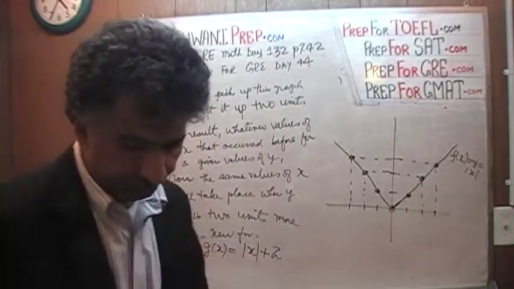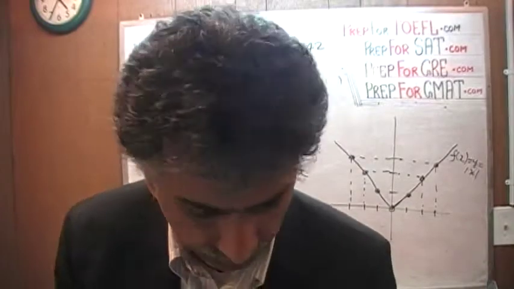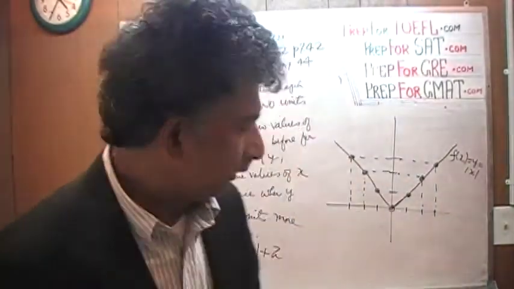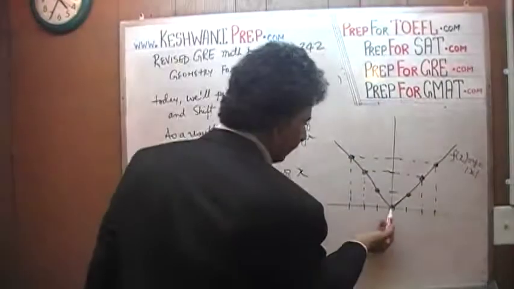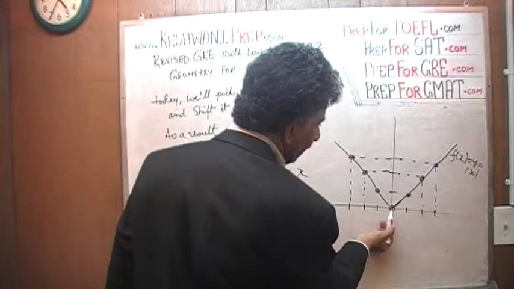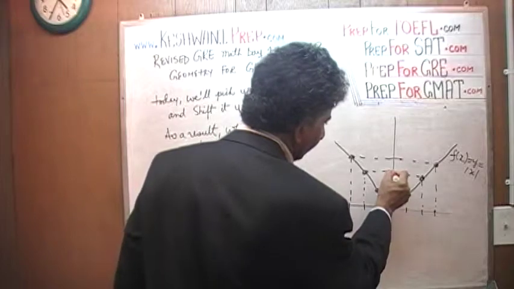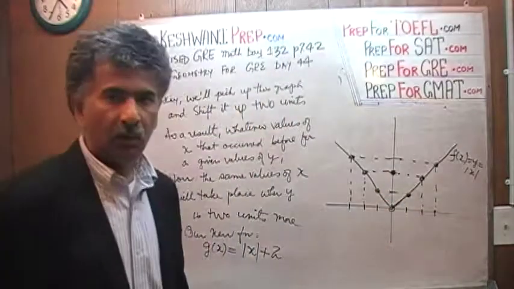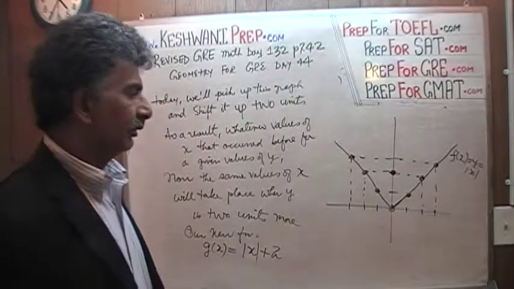So for example, let's do it here. Before, y was 0 when x was 0. Oh, sorry, now y is going to be 2 when x is 0.